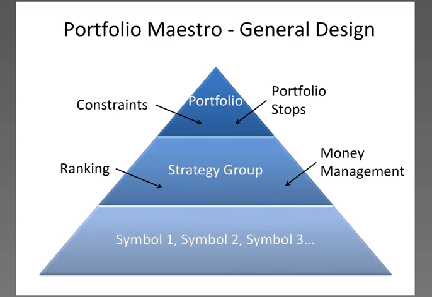So if a constraint is activated, for example, it could actually disregard strategy orders at the strategy group level. And we'll look at an example here in a few moments. So we'll look at constraints together for the first part of this presentation, and we'll look at portfolio stops afterwards. So let me switch here to Portfolio Maestro.